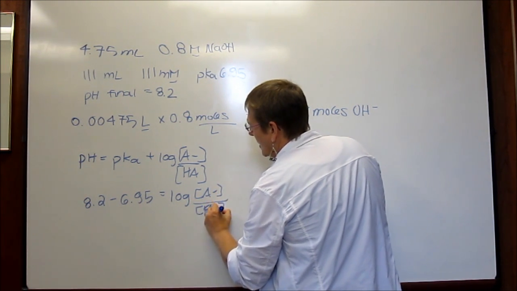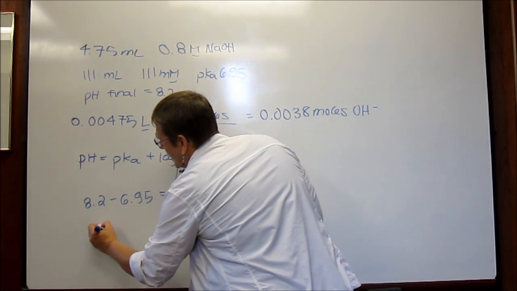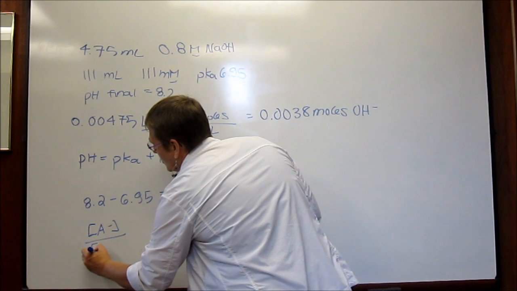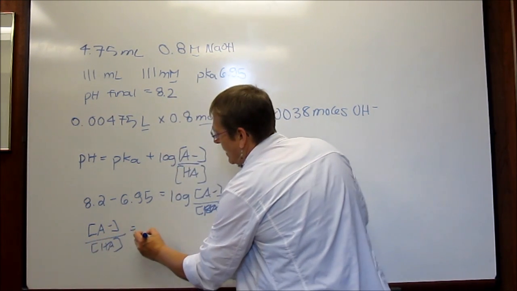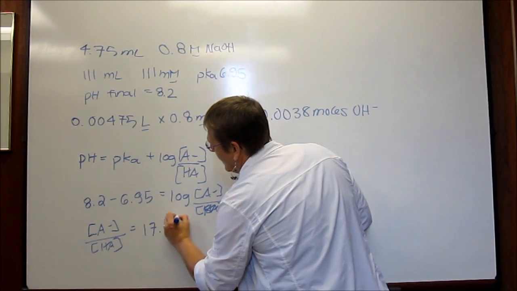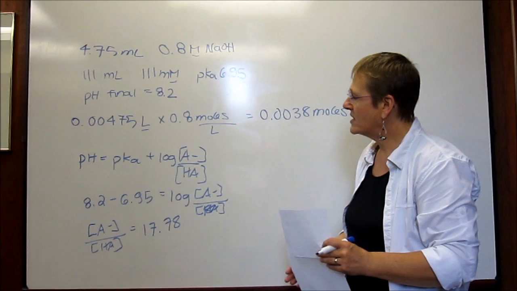And this gives us a ratio, once we solve the anti-log, of A- to HA of 17.78. So at this point, we know the ratio of A- to HA.